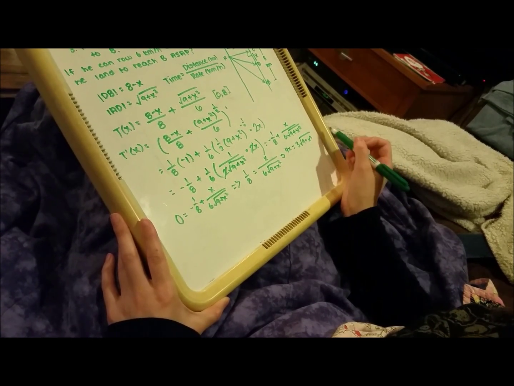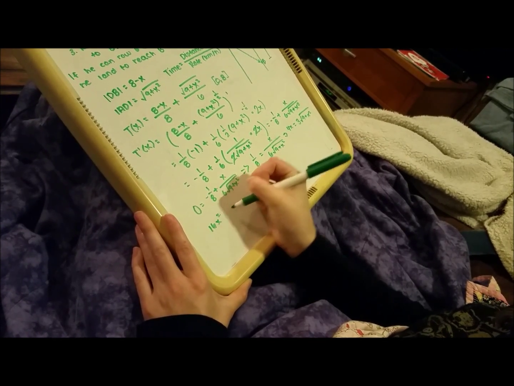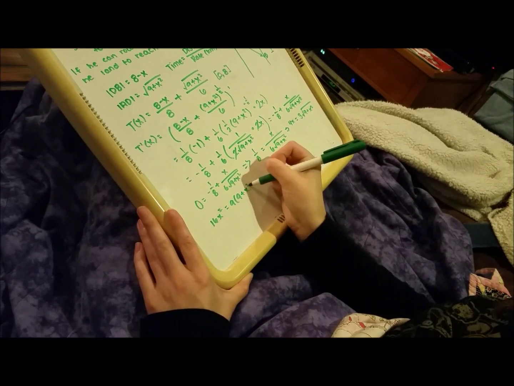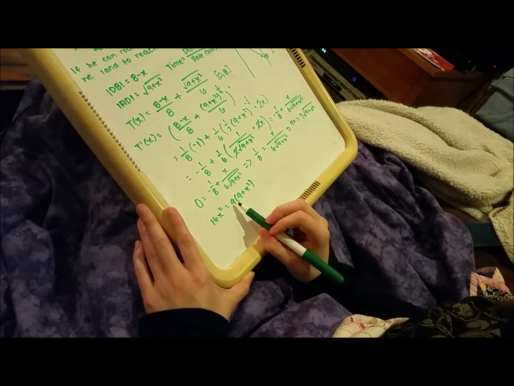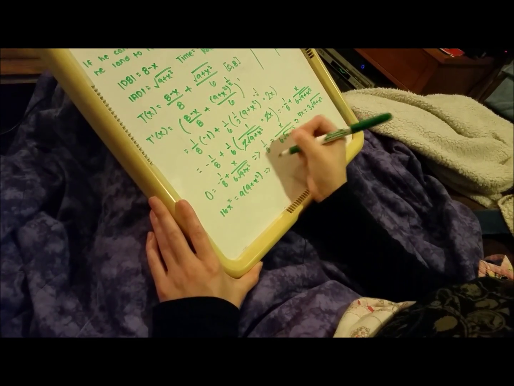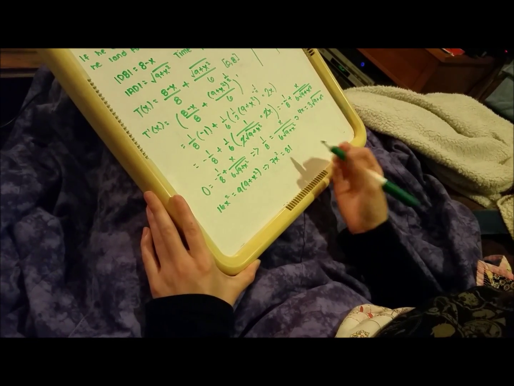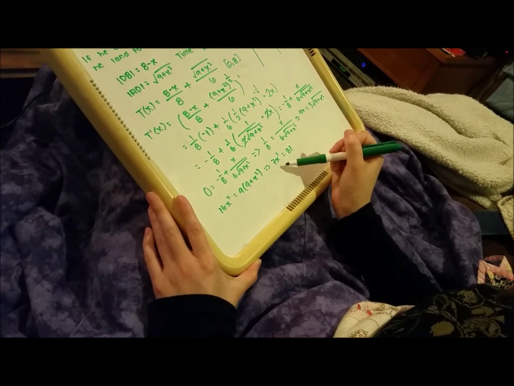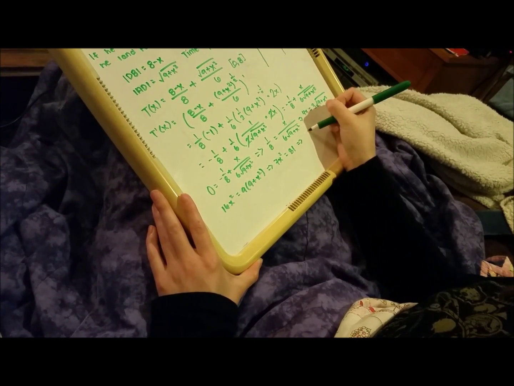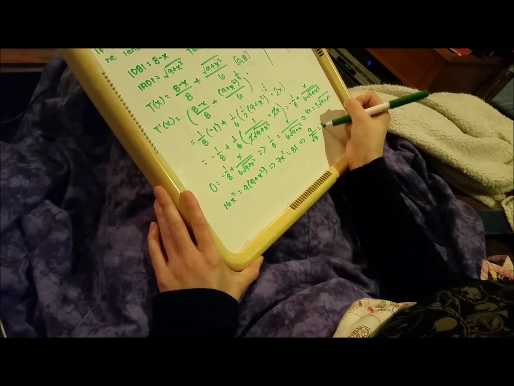Square both sides to get rid of our square root, and we get 16x squared equals 9 times (9 plus x squared). And then if we multiply 9 times x squared and subtract it on both sides, we get 7x squared equals 81. Divide by 7 on both sides and take the square root, and we get x equals 9 over root 7.